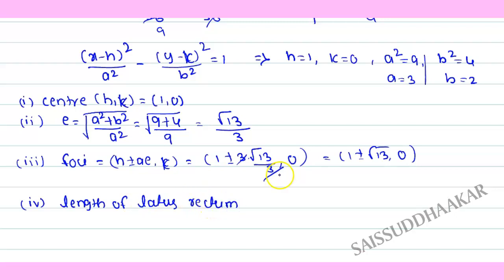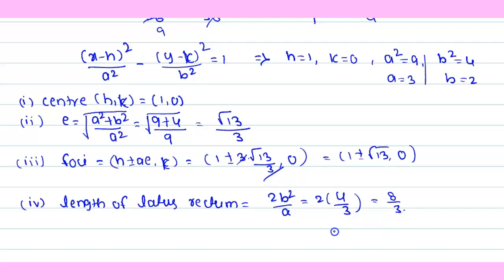Length of latus rectum is equal to 2b square by a. So this is equal to 2 into b square, b square value 4, by 3, a value 3. So this is equal to 8 by 3 is the answer. Okay. This is the answer for this question, right?